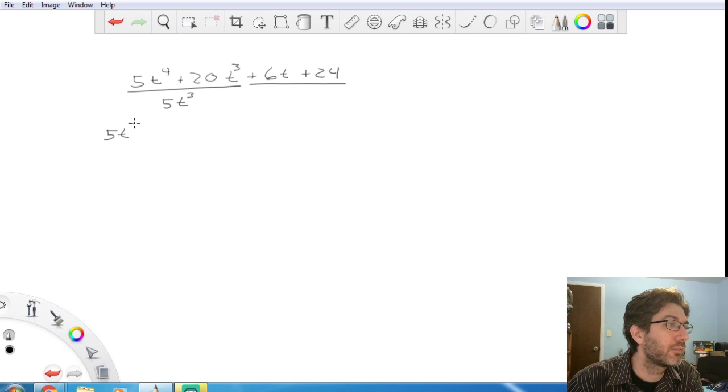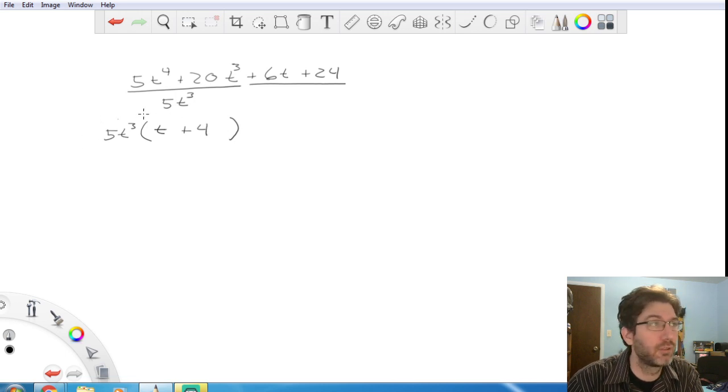So I'm going to write that over here, and then in parentheses I'm going to write what I'm left with. 5t to the 4th divided by 5t cubed is just going to give me t, because the 5's cancel, and 3 of the t's will cancel, leaving you with 1 t left. 20t to the 3rd divided by 5t to the 3rd. The t to the 3rds are going to cancel, and 20 divided by 5 gives me a positive 4. So I just factored out the 5t cubed.